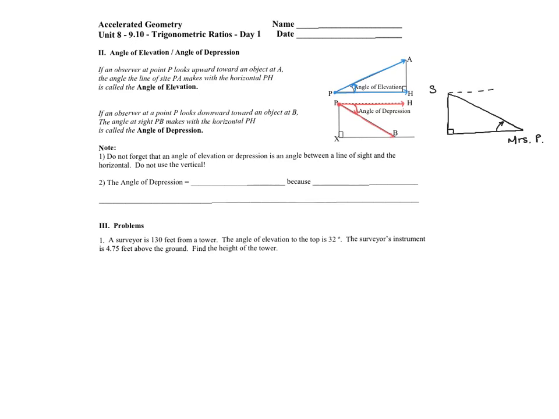However, the line of sight of the student looking down at me would be the angle of depression. If both those lines are horizontal, that means those lines are parallel. What do you notice about the angle of elevation that I have looking up at the student and the angle of depression that the student has looking down at me? You'll notice that the angle of depression is the same as the angle of elevation.